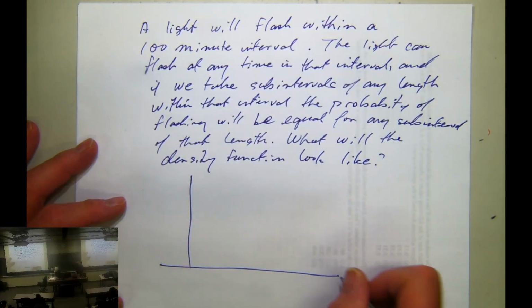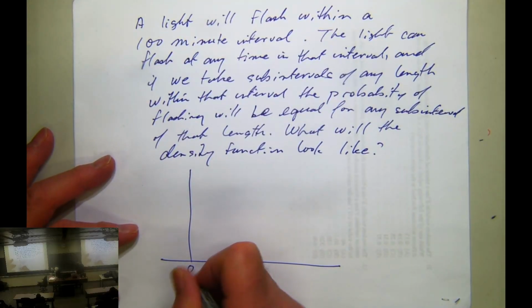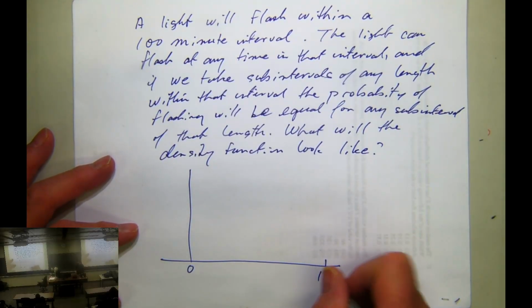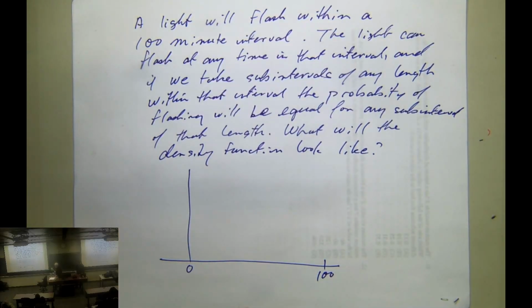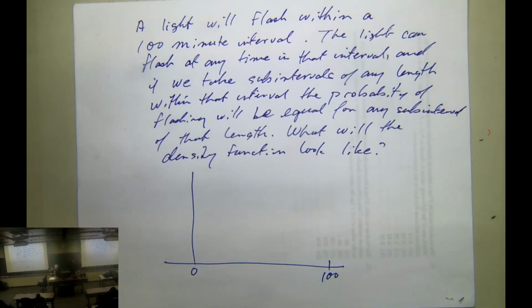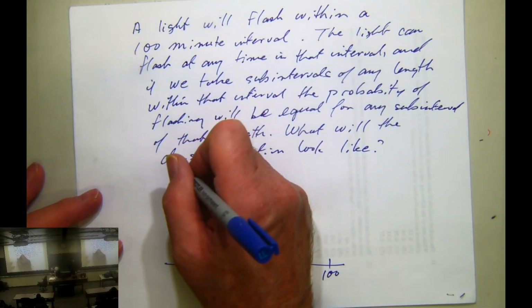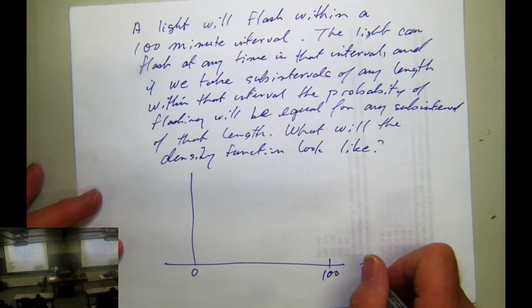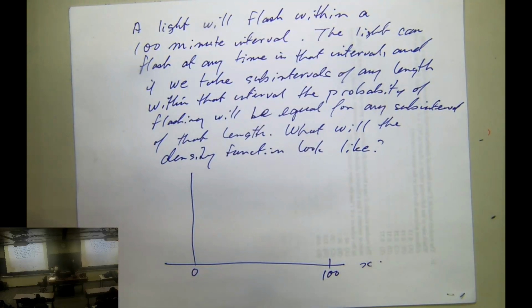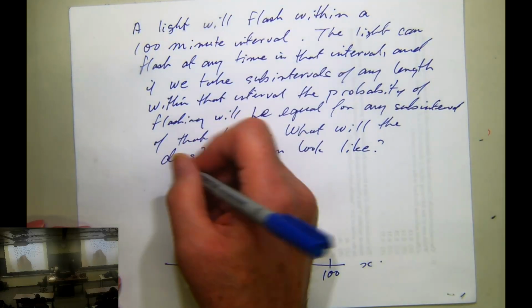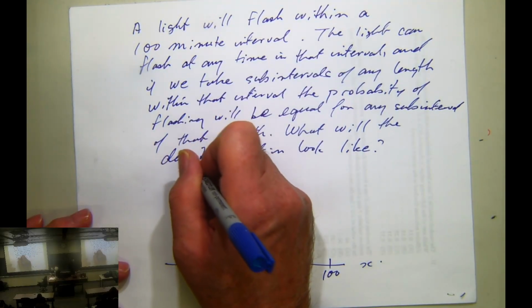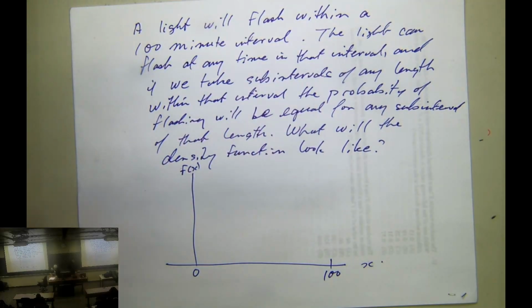Okay, so let's consider what the density function looks like. I'm going to draw it this way: I've got this interval of 100 minutes, this is our x-axis, and this is f of x.